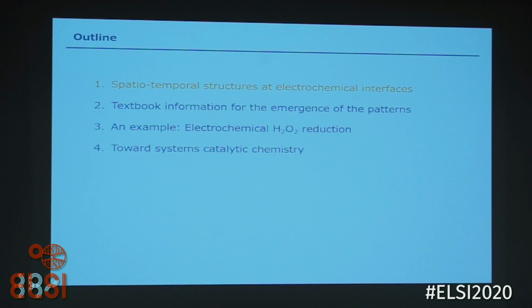Because section 2 is kind of abstract, I'd like to give a concrete example. That is the hydrogen peroxide reaction on platinum. It's a very simple reaction system. And finally, I'd like to dream about how this field can contribute to new science in catalysts.